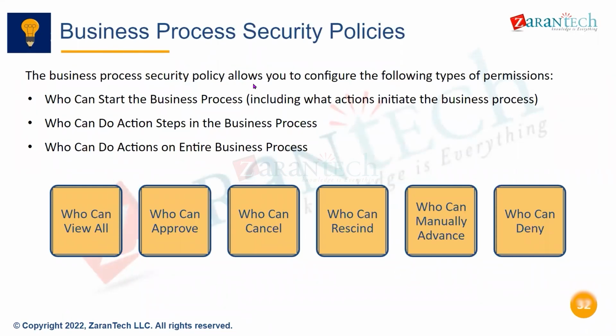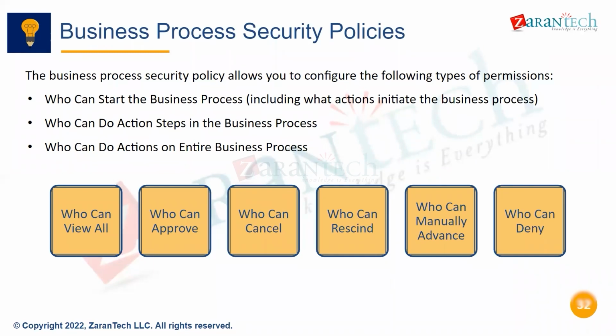And then we have the business process security policy. So any business process, we can view any kind of business process, let's say hire, termination, change job. These are the different kinds of business processes, which have a different set of actions that need to be performed based on the business process steps.